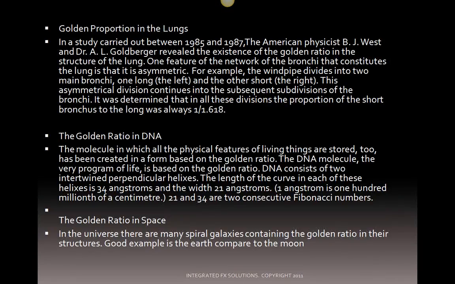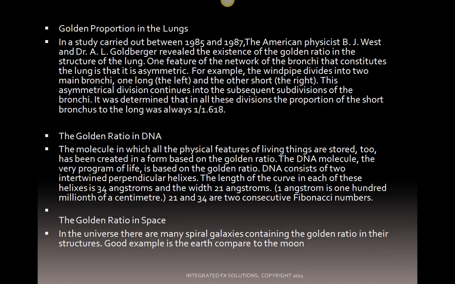The golden ratio in DNA. The molecule in which all the physical features of living things are stored has also been created in a form based on the golden ratio. The DNA molecule, the very program of life, is based on the golden ratio. DNA consists of two intertwined perpendicular helices.